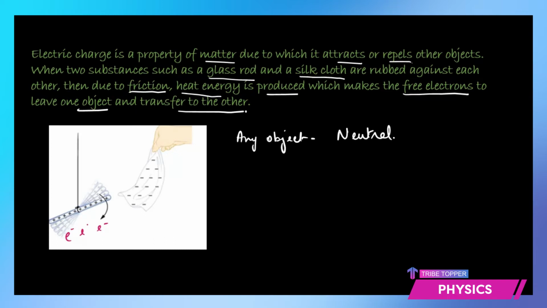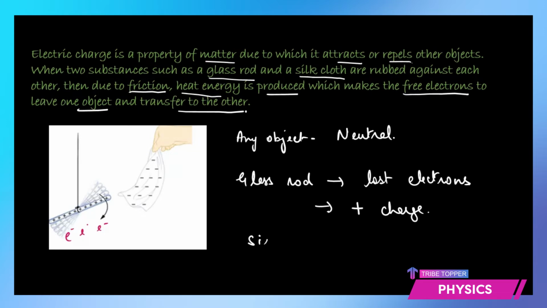Thus, we would say a charge is induced. Why? Because the glass rod, which initially had an equal number of electrons and protons, has now lost electrons. And because it has lost electrons, it has more protons now, so it acquires a positive charge. On the other hand, the silk cloth, which was initially neutral, has now received those electrons, and so it acquires a negative charge.